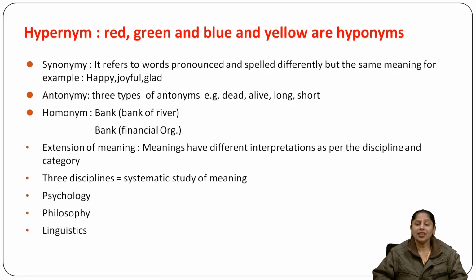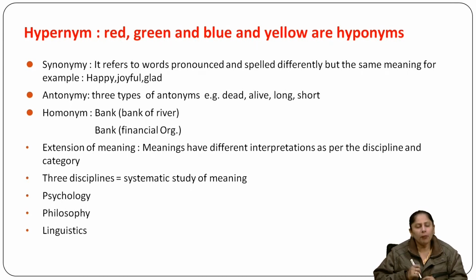So naturally the categorical understanding of the word is related with the discipline. The word must be understood with the disciplinary concept. The concept is very important, and the perspective is very important while understanding the word.